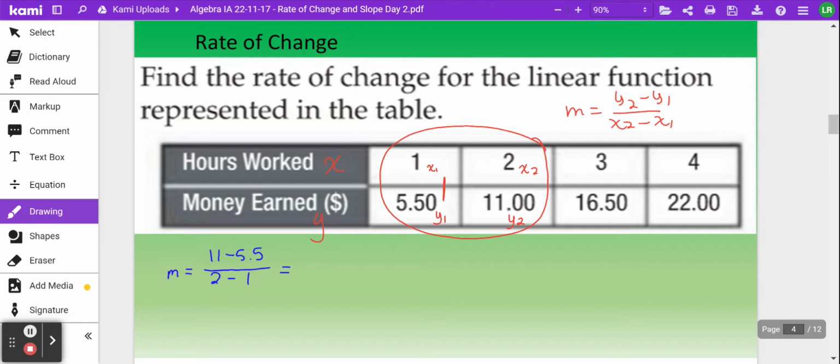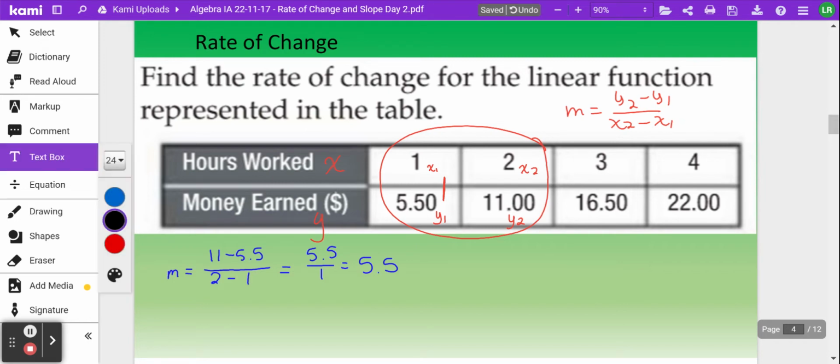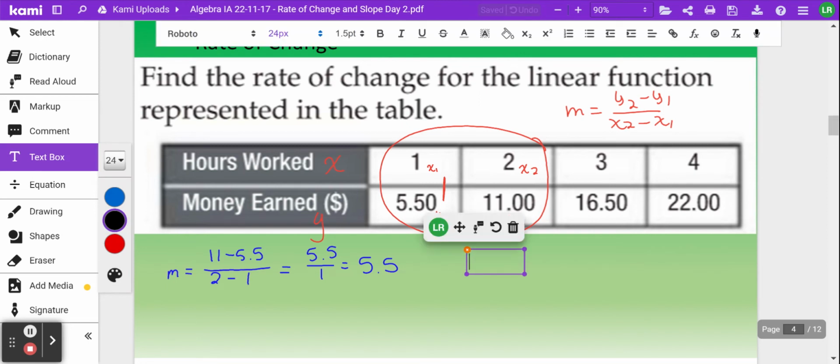So I put them in the equation. On the top, y2 minus y1, that'd be 11 minus 5.5. On the bottom, x2 minus x1, that's going to be 2 minus 1. Do your computations. That is 5.5 over 1. It's rate of change, so we go ahead and divide this out, and we get 5.5. That's my answer. But remember, with these problems we are going to be giving a description of what that means. That means that our money earned is a positive number, so we would use increased.